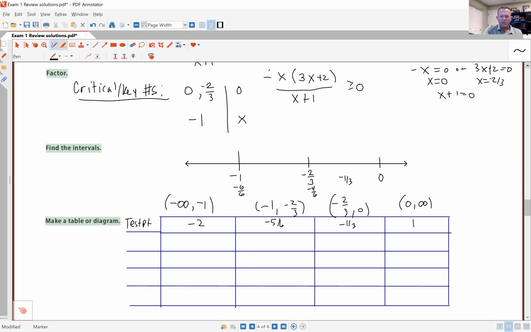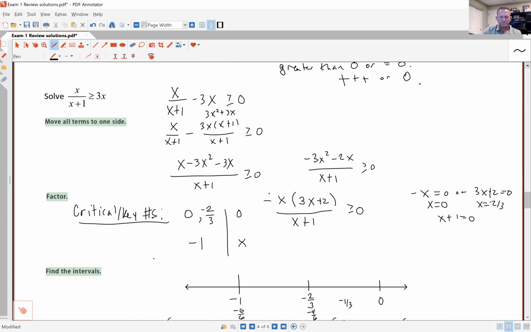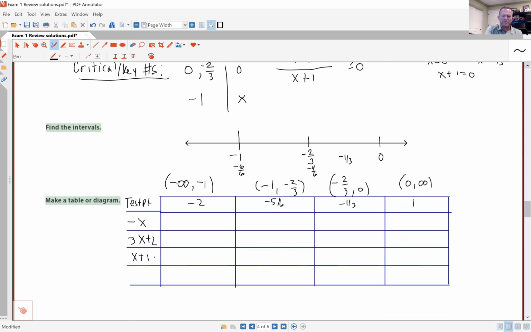And so if we plug in negative 2 to a negative x, and then a 3x plus 2, and then an x plus 1. Okay, negative 2, the opposite of x. Negative x at negative 2 is positive 2, so positive. Negative 2 times 3 is negative 6 plus 2 is negative 4, that's negative. And negative 2 plus 1 is negative 1, so that's negative. And 2 negatives and 1 positive turns into positive.